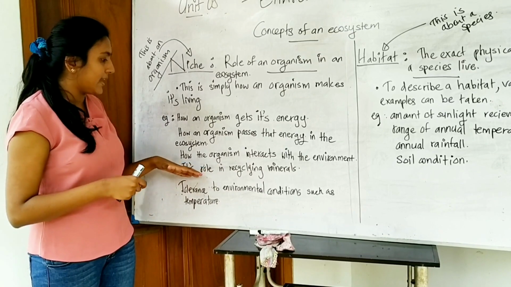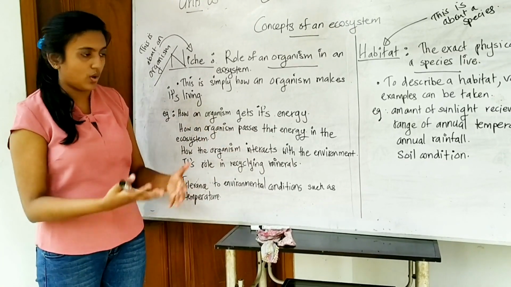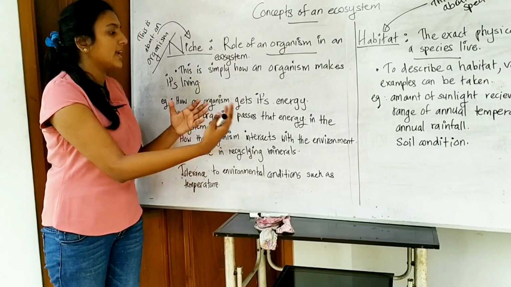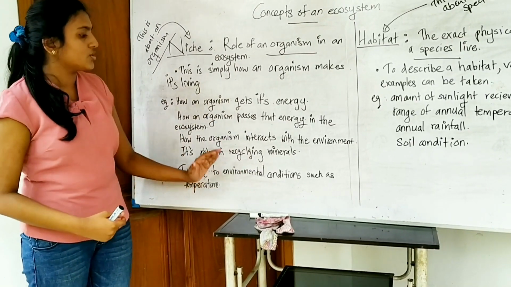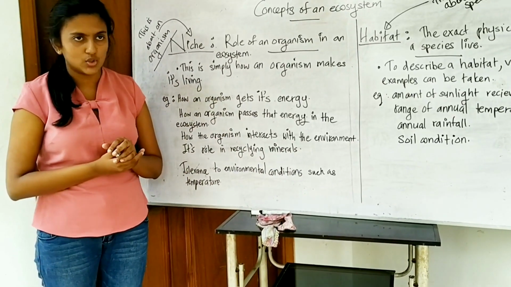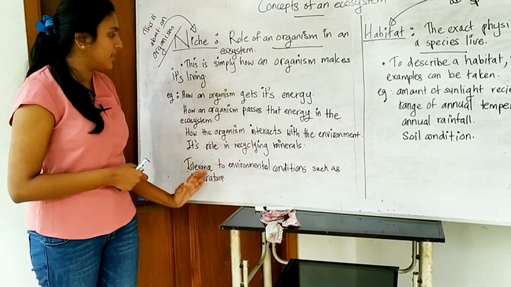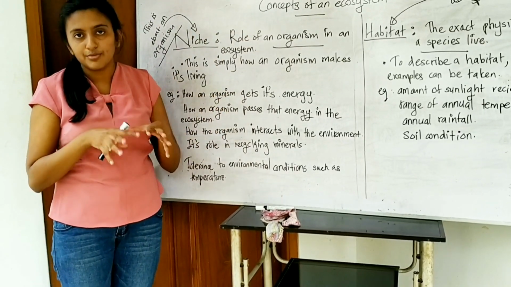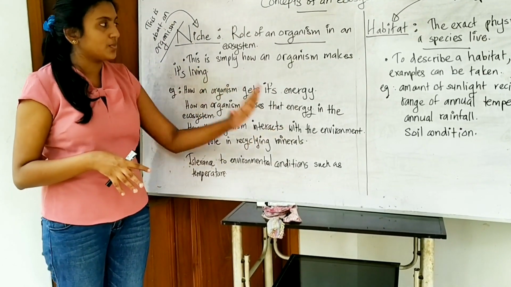Every organism has a role in recycling of minerals. Then tolerance to environmental conditions such as temperature. So these are several ways in which the role of an organism in an ecosystem is fulfilled. These are certain aspects of that role.